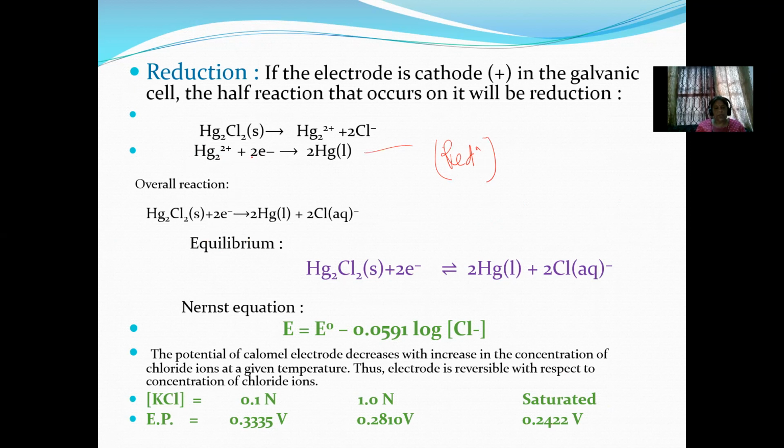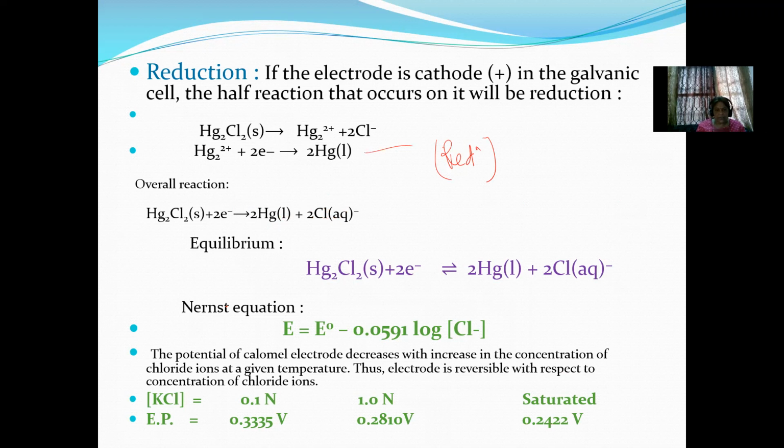Where does the mercurous ion come from? The decomposition of the mercurous chloride gives the mercurous ions. Mercurous ions accept the electrons to get deposited as mercury. So the overall reaction is mercurous chloride accepts the electrons to get deposited as mercury and the chloride ions. Okay.